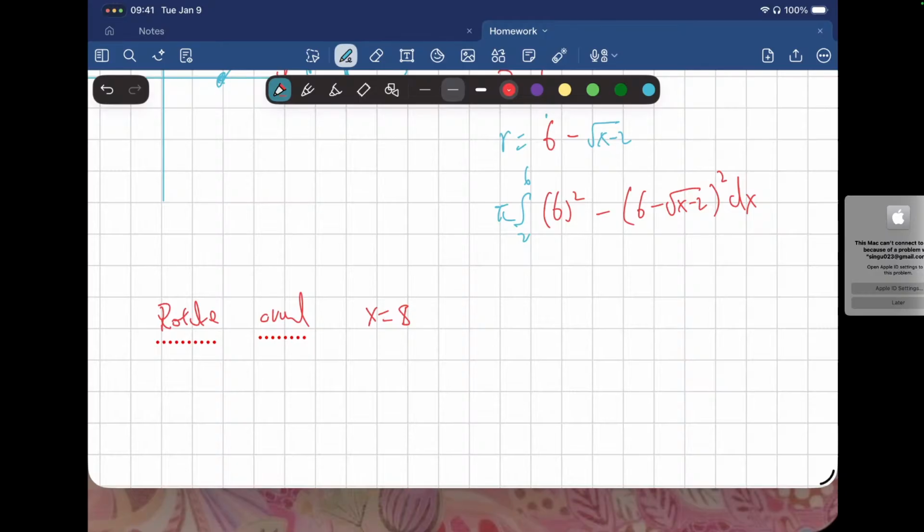Oliver's done? Yes or no? The little small ones.